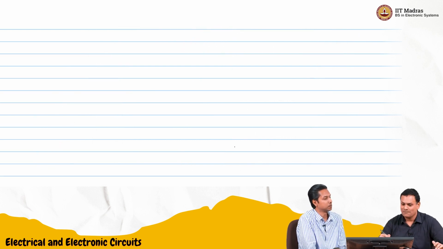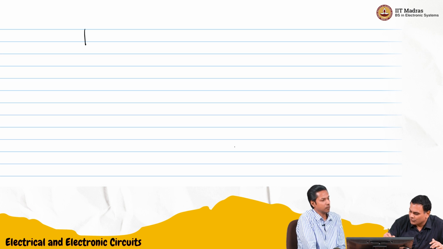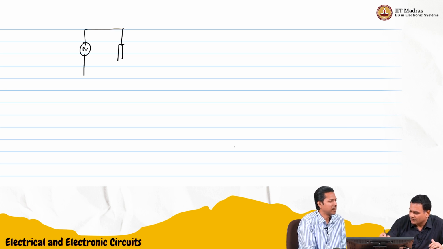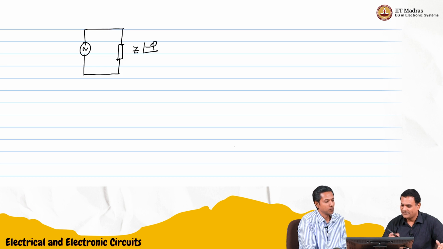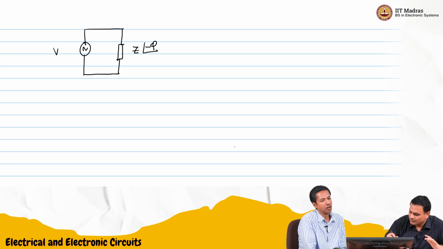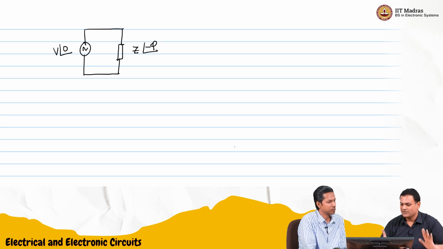So, I have an impedance, maybe Z angle minus phi. And this is your V angle 0, basically the same Vm sin omega t. And so root 2 times V is Vm.